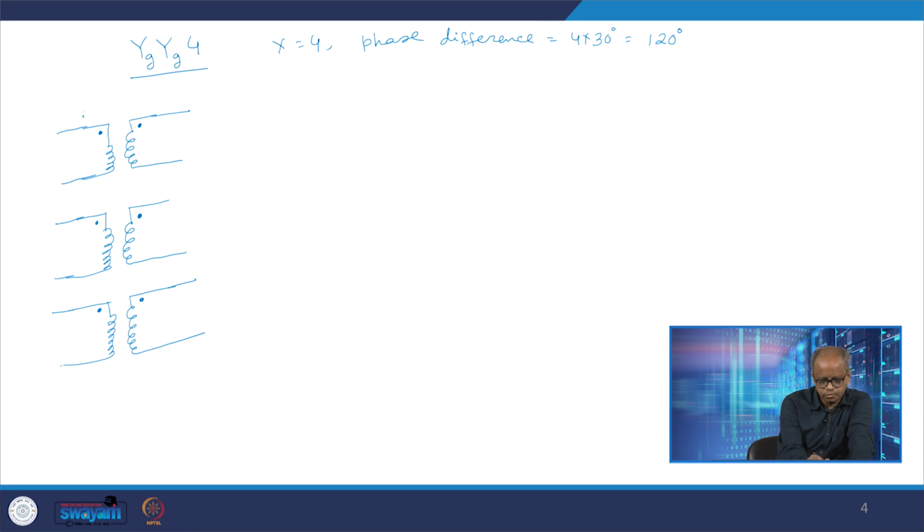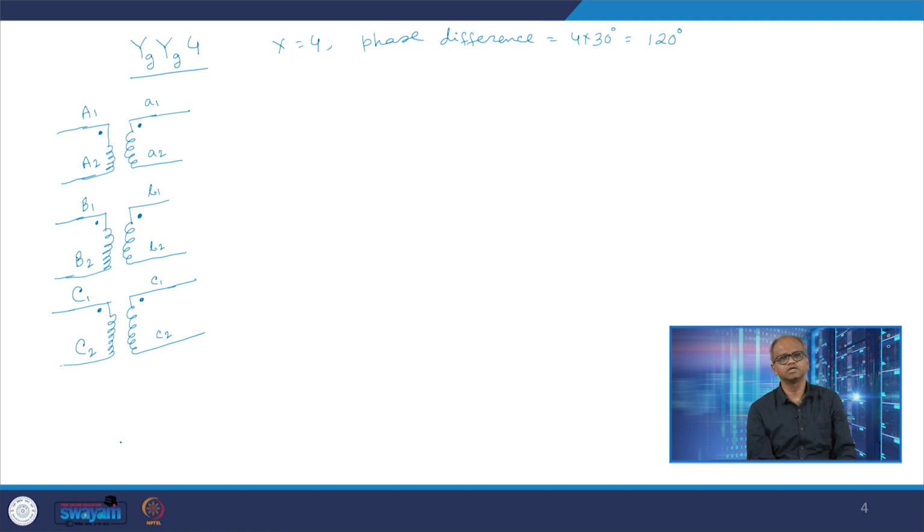I again put the terminals A1 A2 B1 B2 C1 C2 and also the terminals small a1 small a2 small b1 small b2 small c1 small c2.